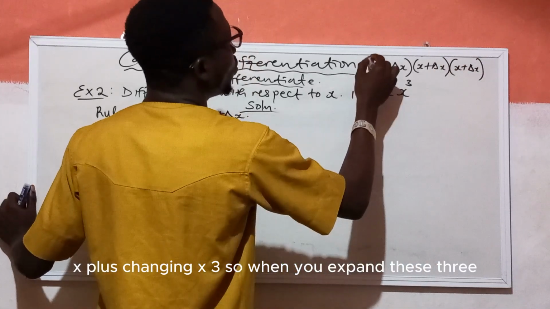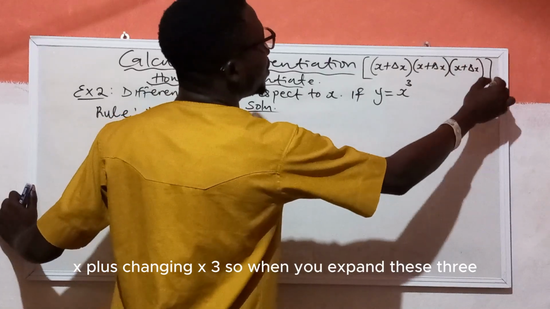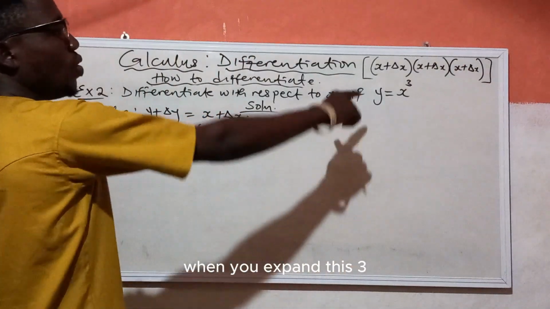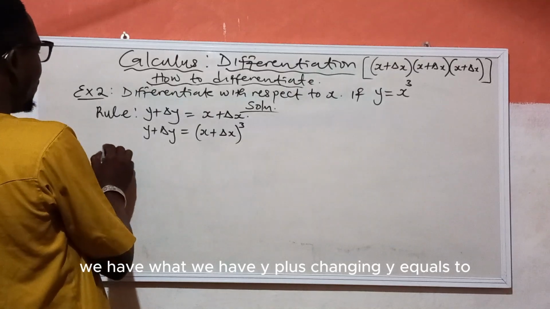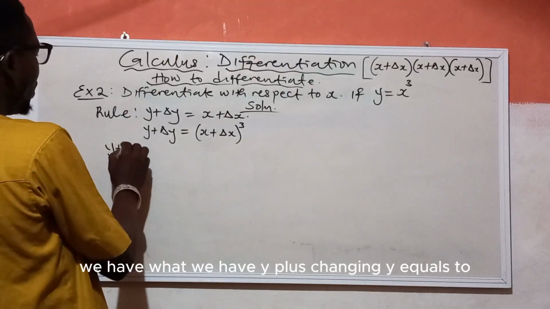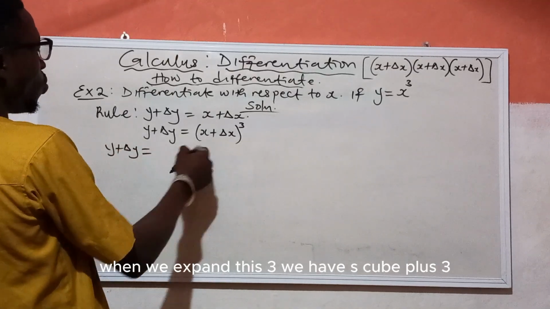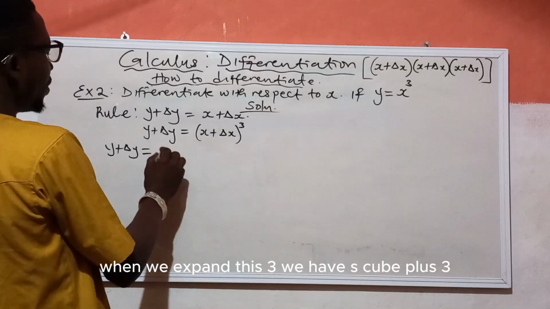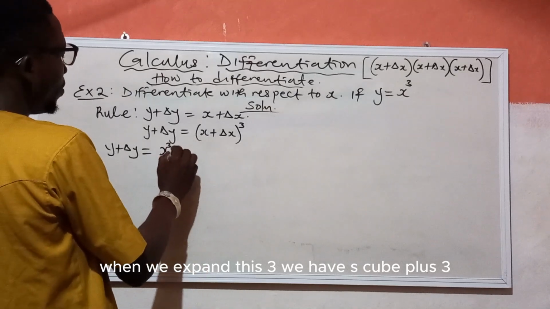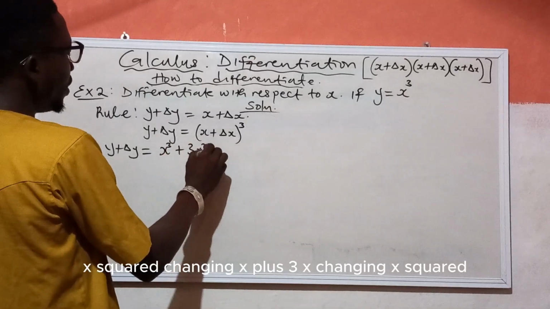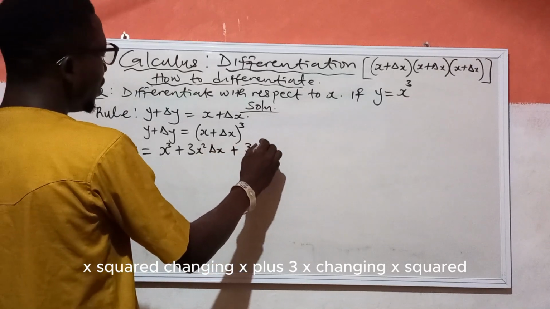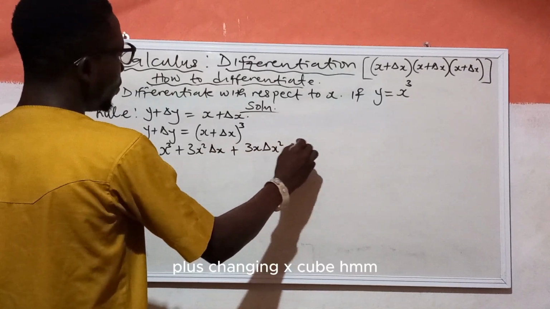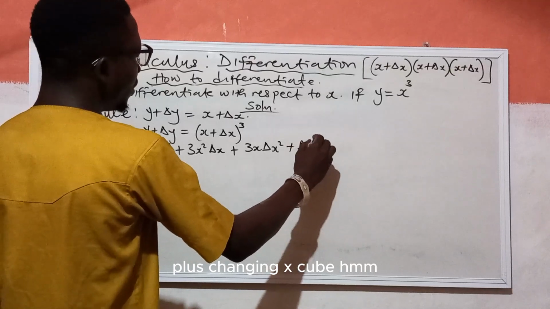So when you expand this, we have y plus change in y equals x cubed plus 3x squared change in x plus 3x change in x squared plus change in x cubed.